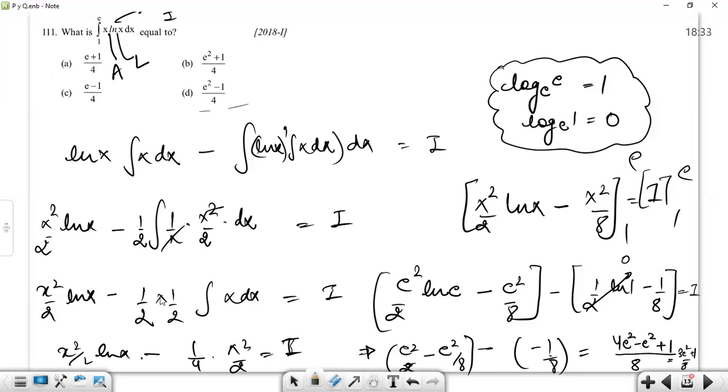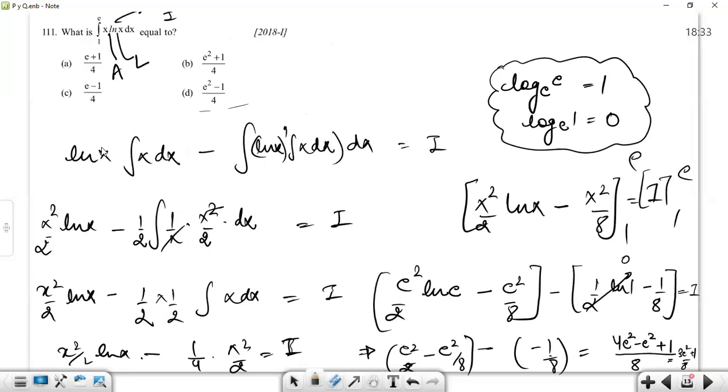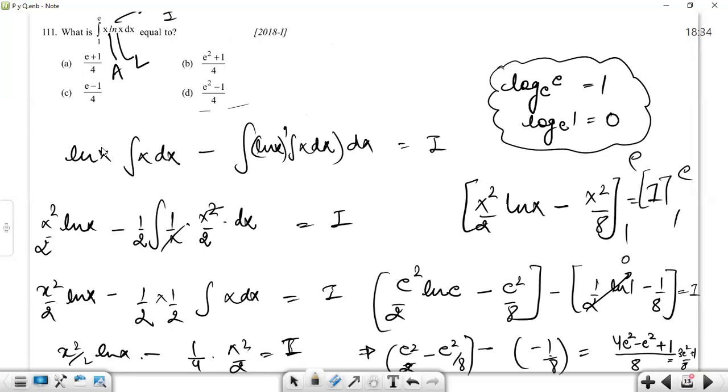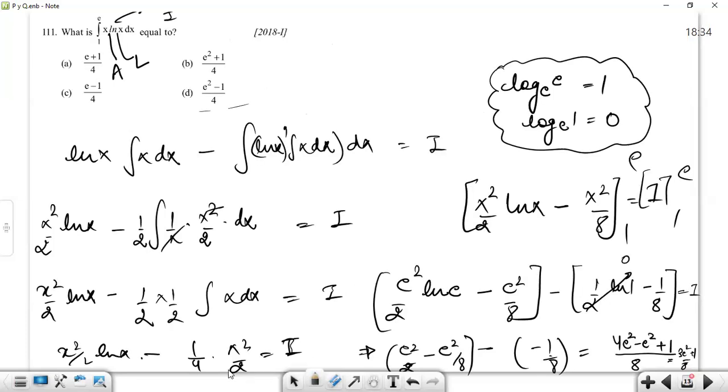Let's find out what. So x square by 2 ln x minus x square by 8. Let's check. Yes, there is a solution given. So e square by 2 minus 0. Minus half of half into x square. There we have done some mistake, I guess. Let's check from here.